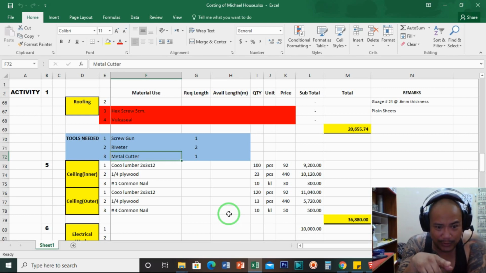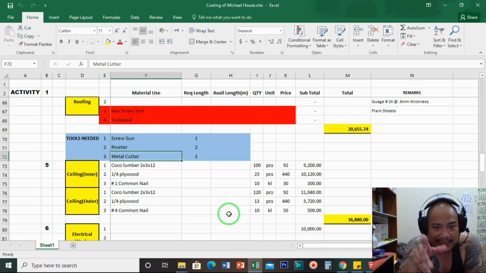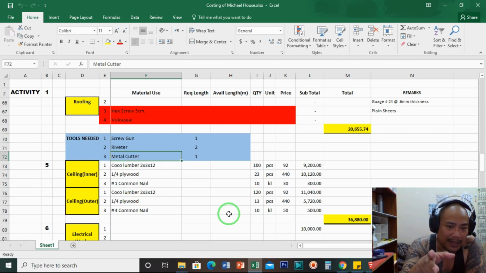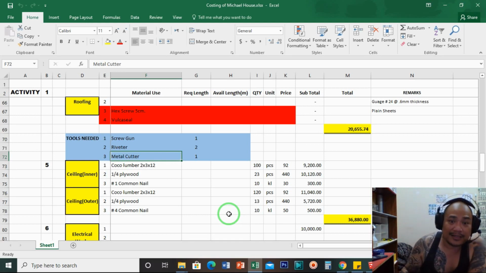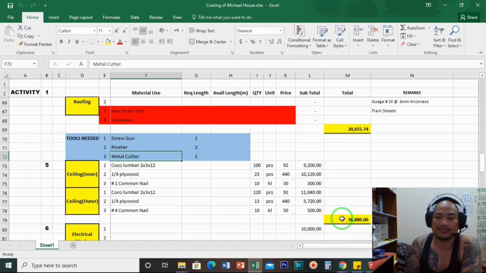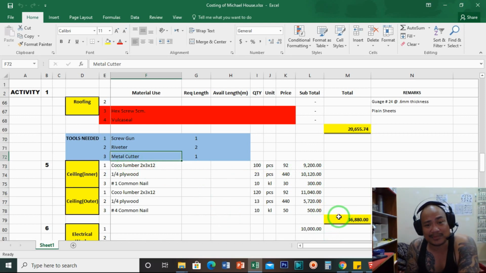Number 1 common nail, at least 10 kilo. And for the outer ceiling, it's also coco lumber, 1/4 plywood, and common nail. So total for this ceiling activity is 36,880. So ceiling is more expensive than roofing.